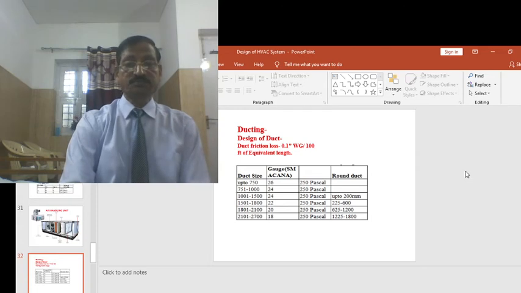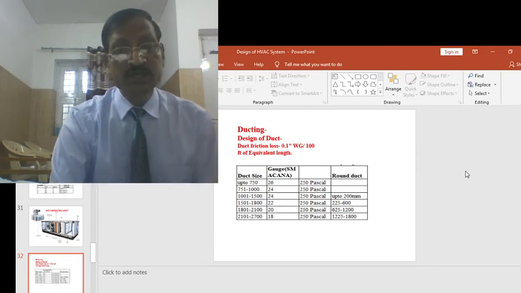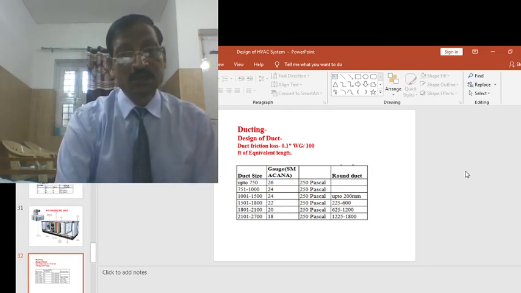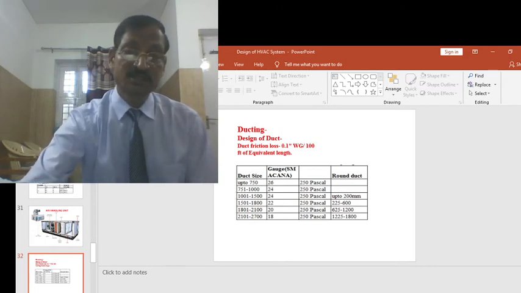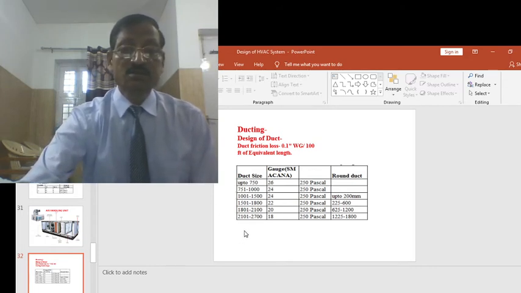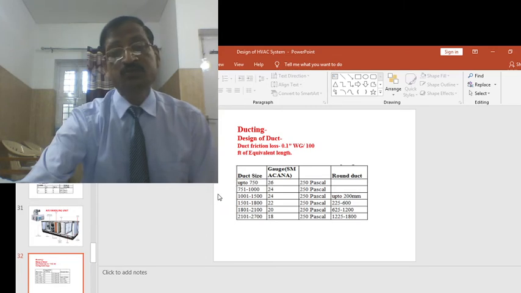Ducting. In case of air conditioning system, we can normally consider the duct friction loss as 0.1 inch water gauge per 100 feet of equivalent length for calculating the duct size. As per the gauge, there are two systems.